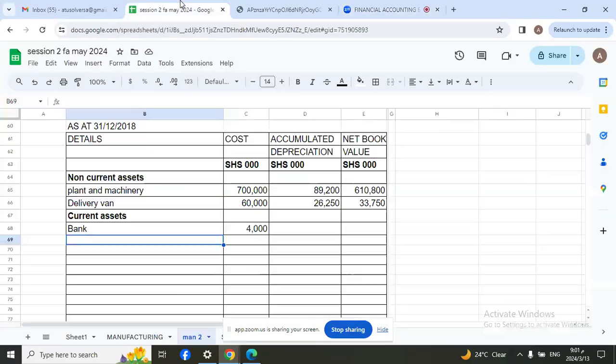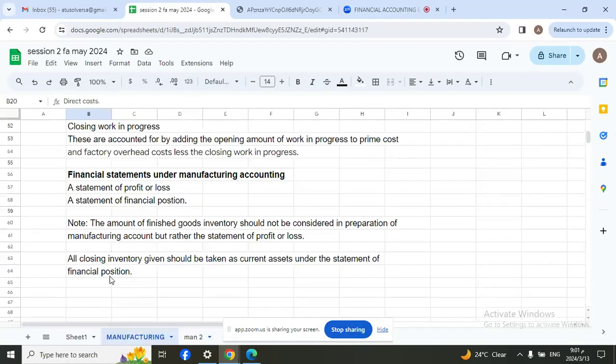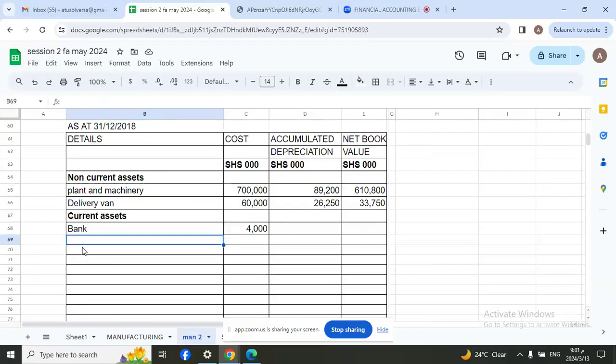So I go to my inventories. When you read under here, I told you all closing inventory should be taken as current assets under the statement of financial position. So we write here under closing inventory.